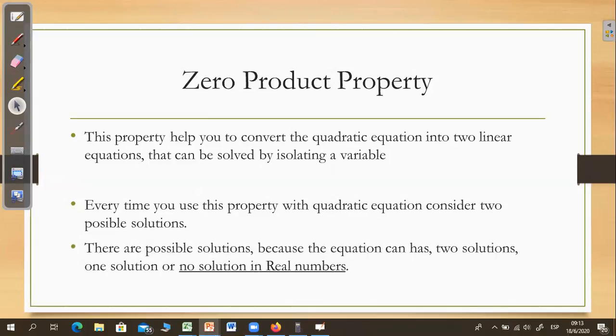The equation can have two solutions, one solution, or no solution in real numbers. That one is underlined because it's very important; we will see later when they have solutions. They will always have solutions, just not always in real numbers.